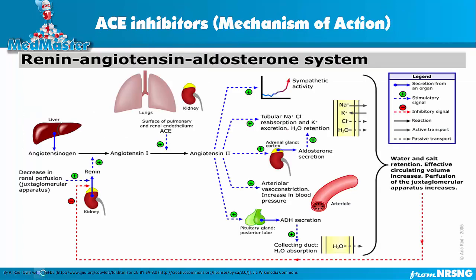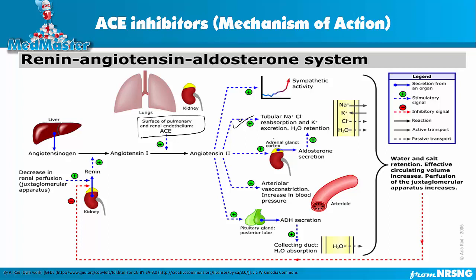Okay, so this image is basically showing the RAA system, and if you have looked at the video about the RAA system, you know the angiotensin converting enzyme right here converts angiotensin 1 into angiotensin 2, and angiotensin 2 has a wide variety of effects in our body, including it increases the sympathetic system, it increases the vasoconstriction, and increases the blood pressure. It also increases the sodium and water reabsorption, while it increases the potassium excretion and so forth.